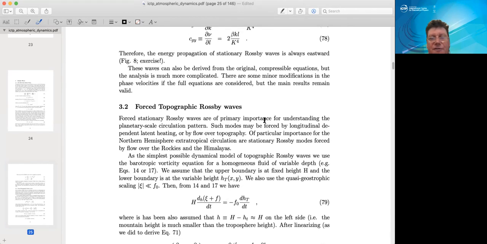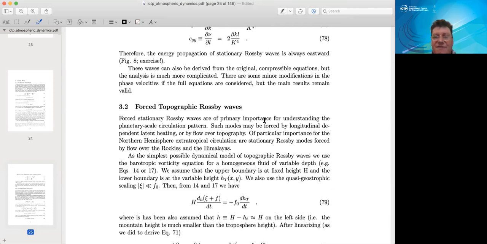Forced Rossby waves, of course, mean, as you have derived in one of the first exercises, that if our air flows over a mountain, then the absolute vorticity cannot remain constant. There's a forcing for the absolute vorticity when our flow is forced to go over a mountain. So we have to modify our set of equations.